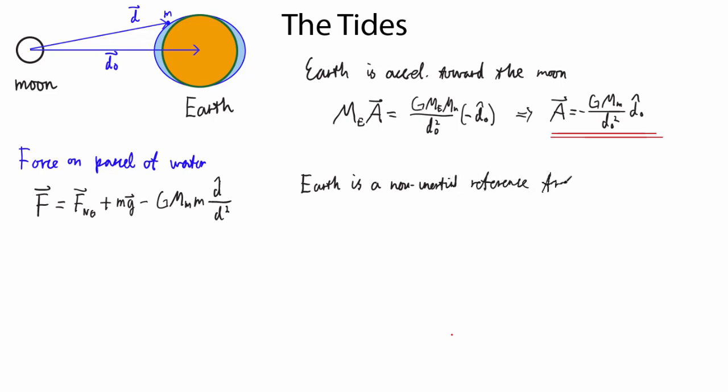And then, just as we have shown in the last video, Newton's second law will now have a modified form where the mass of this water parcel times its acceleration equals the total force minus m times the acceleration here. And this is Earth's acceleration here. And we can then write all this out.